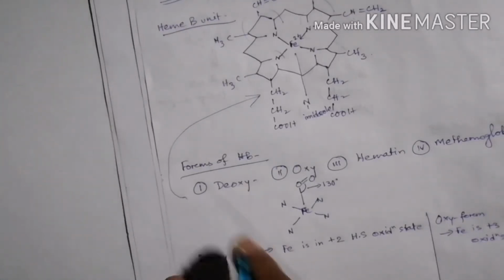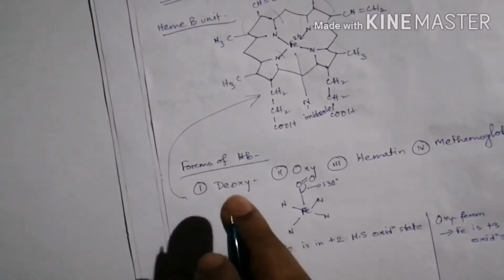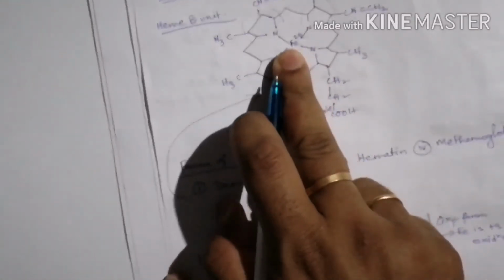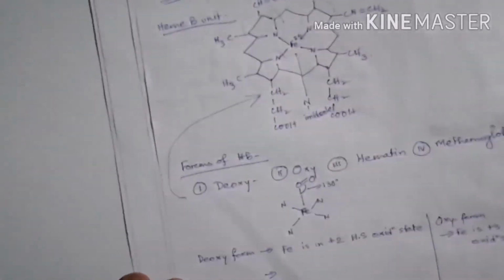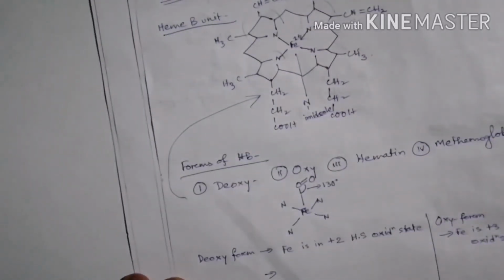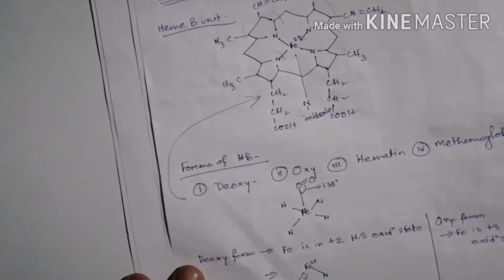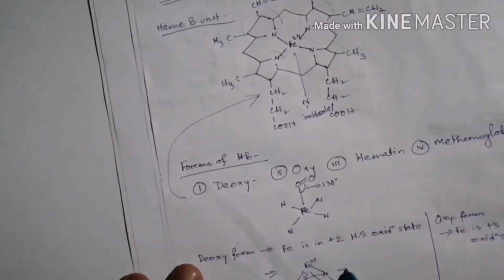In the deoxy form, this ferrous ion is slightly above the plane comprising the 4 pyrrole groups. As a result, it leads to a square pyramidal shape.